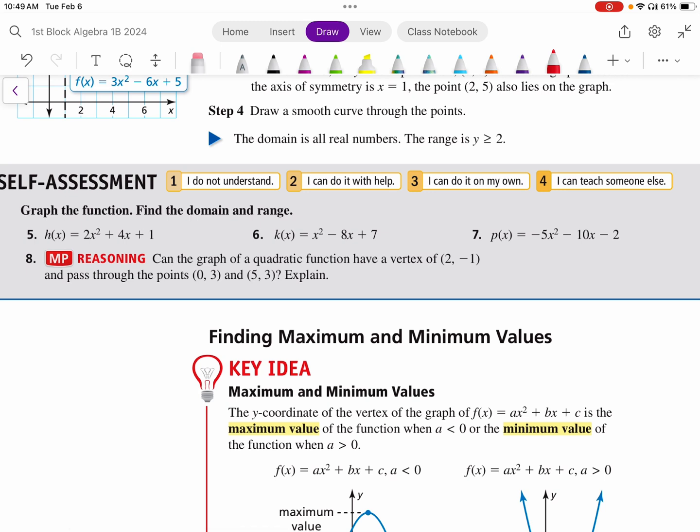Let's try this for, I'm going to let you pick. You choose either 5 or 6 or 7, and I'll show you the answers for all of them. So pause your video, find the answer for either 5 or 6 or 7, and then come on back.